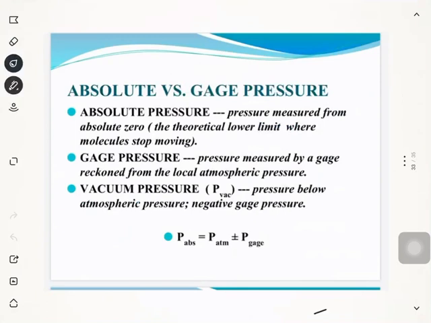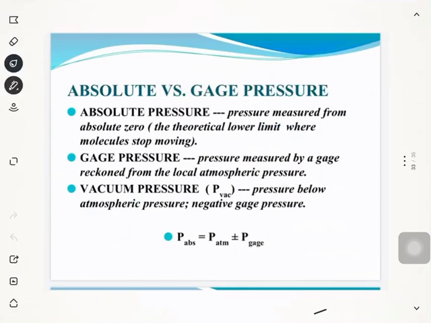Okay, so you have the absolute versus gauge pressure. What is this absolute, or what is this gauge pressure? The absolute pressure is measured from absolute zero. This is the theoretical lower limit where molecules stop moving.